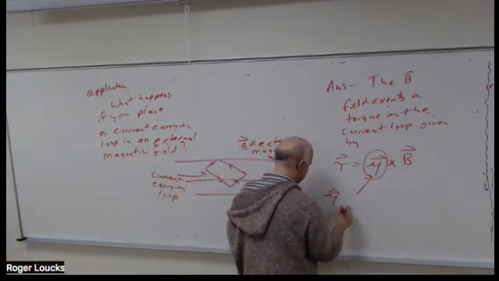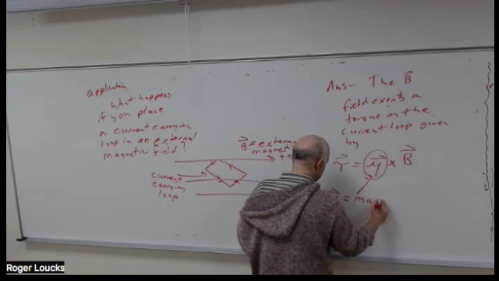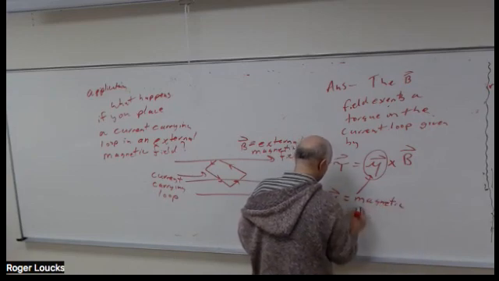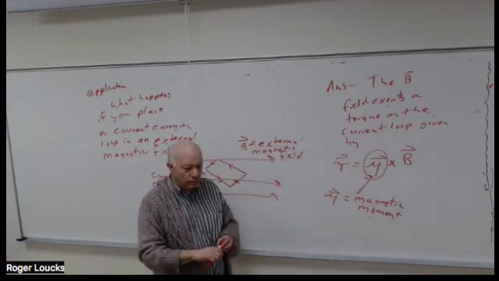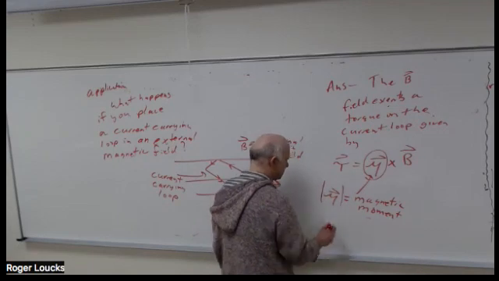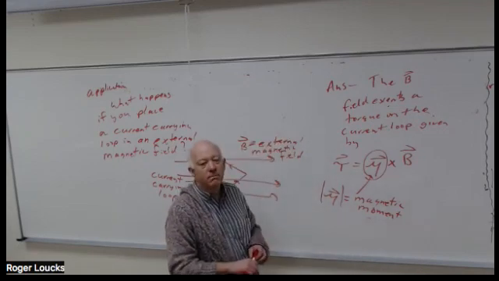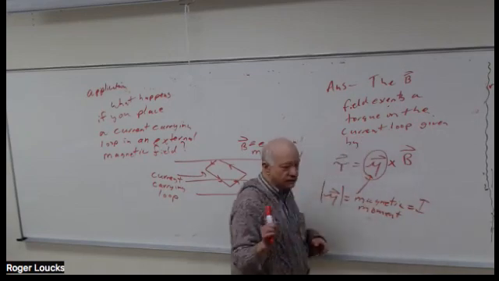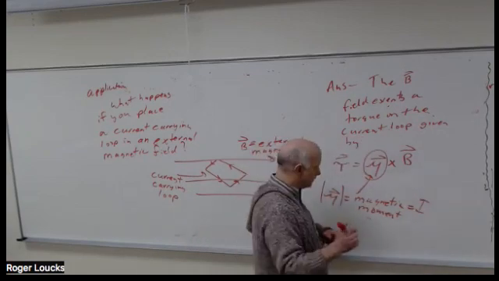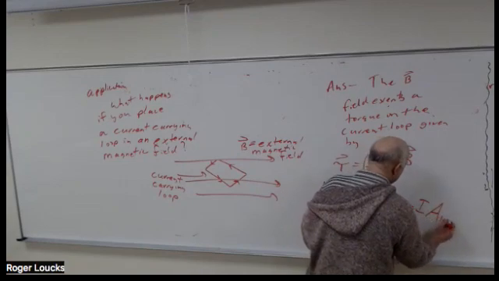That's our magnetic moment. It's often called the dipole magnetic moment as well. Okay. And what did we say the magnitude of this guy is? IA. That's the current going through the loop times the area enclosed in the loop. Yeah, the area of the loop.